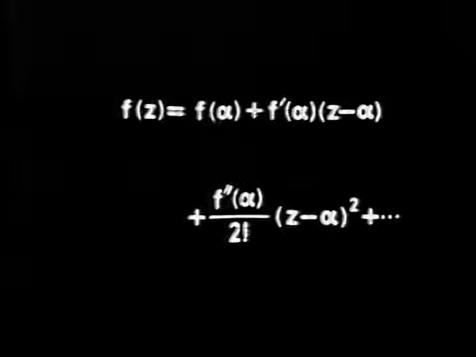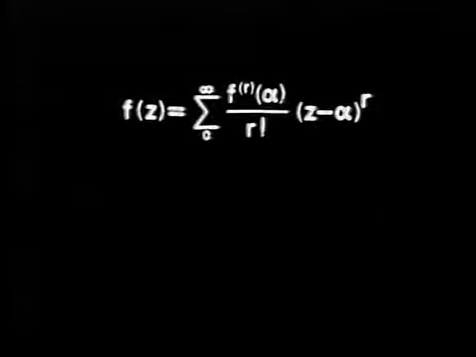Every analytic function can be expressed as a Taylor series. It's very similar to the Taylor series you get in real analysis. This is the general form centered at alpha. You can also have a finite form of the series.